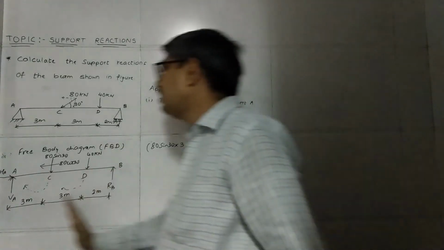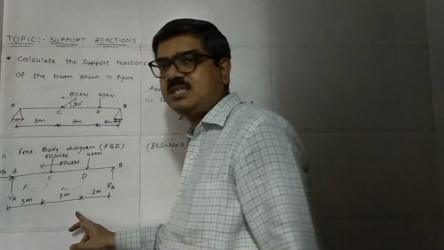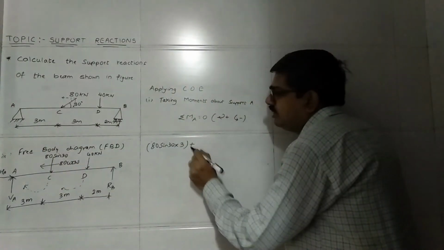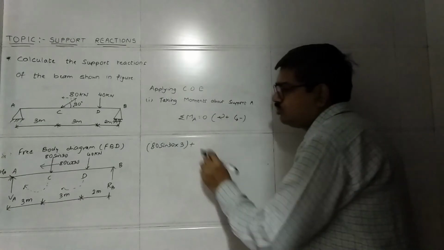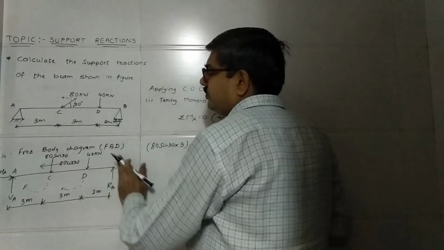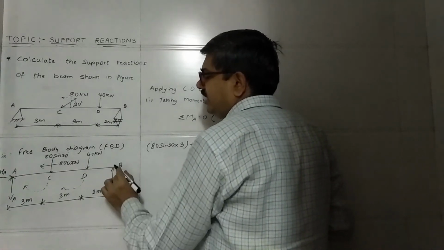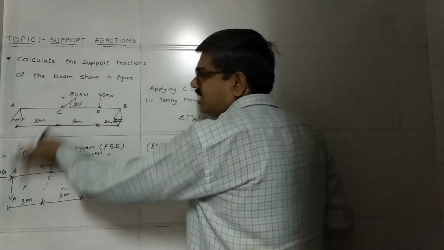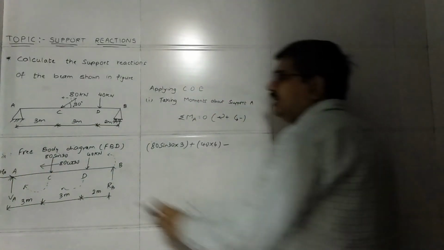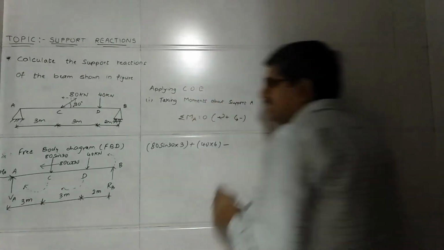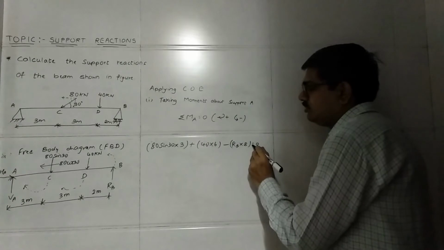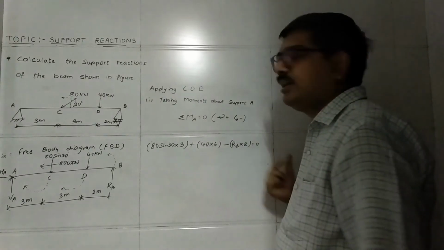The distance of this 40 from A is 6 meters, so plus 40 into 6. Now the support reaction at B is acting in upward direction, so if you try to turn this towards A, it will turn in anti-clockwise direction, so you have to take minus sign. The total distance of RB from A is 8 meters. So minus RB into 8 within brackets equal to 0. Don't forget to keep brackets.